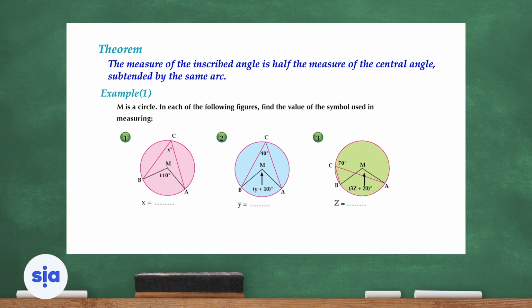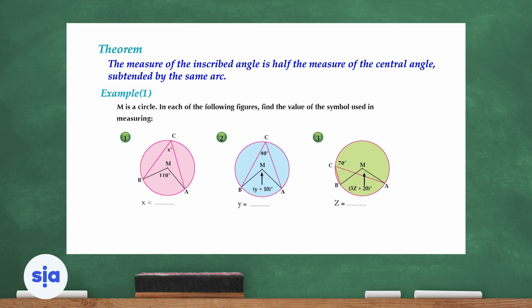As you can see, angle C is an inscribed angle and its arc is arc AB. Angle M is a central angle and its arc is AB as well. So both the inscribed and the central angles are subtended from the same arc, which is arc AB.